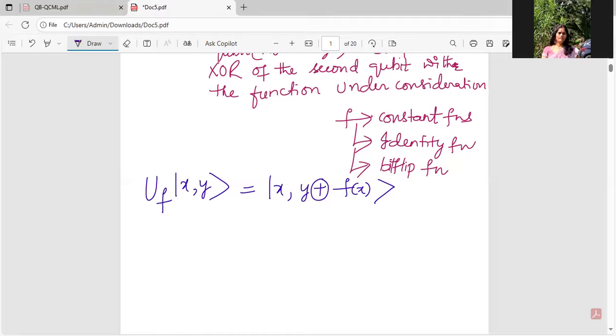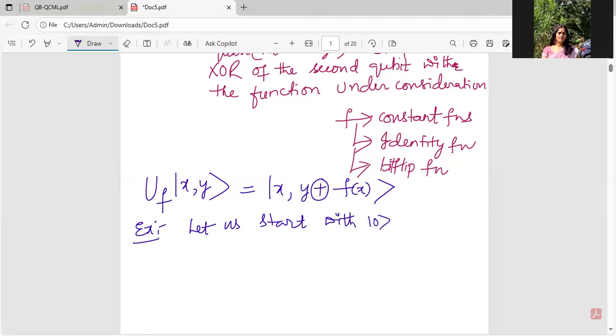First, I can show you how, when we consider an initial state ket 0, apply Hadamard gate to ket 0, and then apply UF, how it works. Let's see, and then go to applying it to the function. Example. Let us start with ket 0.